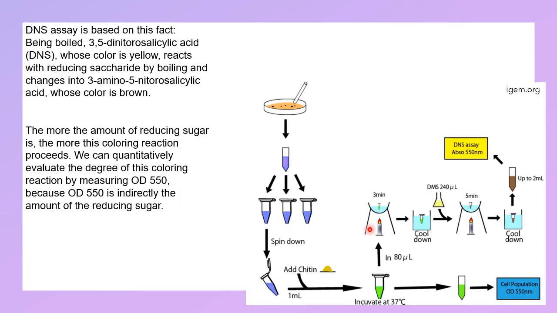Here I had added this flow chart, and I actually liked it. I got it from this particular website, and it is very easy to understand the protocol for the DNS method.